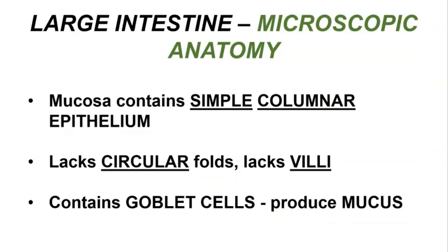The mucosa of the large intestine contains a simple columnar epithelium, which is very similar to what we saw in the small intestine. However, unlike in the small intestine, it lacks the circular folds and the villi that we saw in the small intestine. Since the large intestine does not function in absorption as much as the small intestine does, this makes a lot of sense.